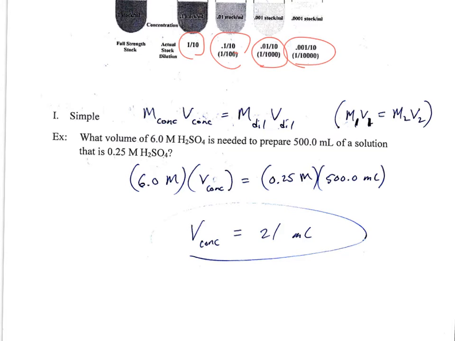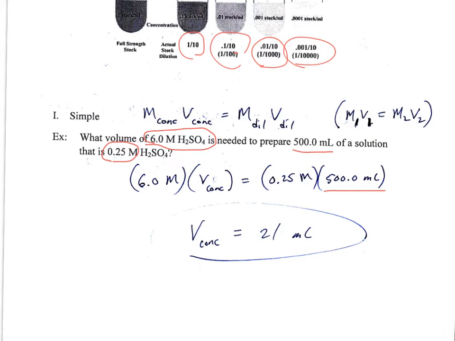Does everybody see that your starting concentration is the more concentrated one, in other words you have more moles per liter? You want to dilute that down, so you take a portion of it and add some water, which lowers the concentration. We want to end up with 500 milliliters total of the final solution. So you just simply plug the numbers in.